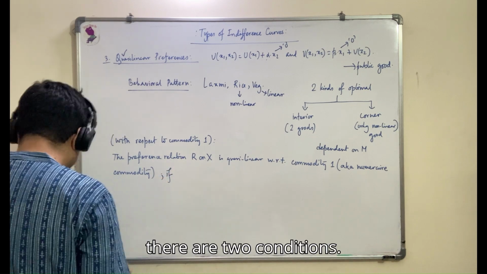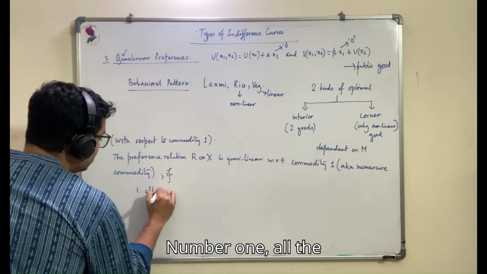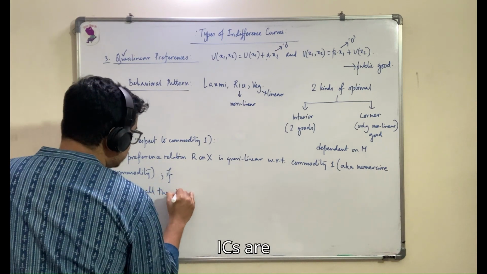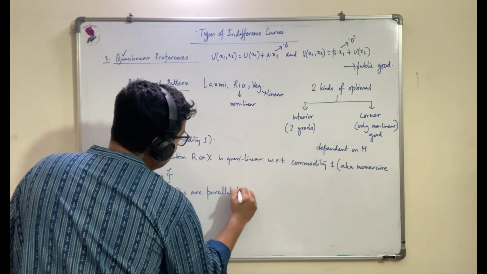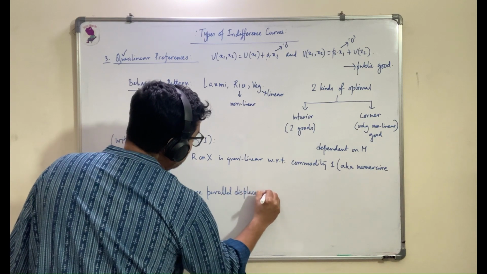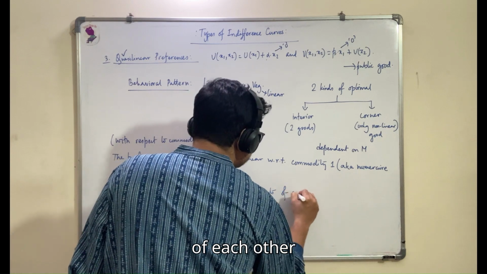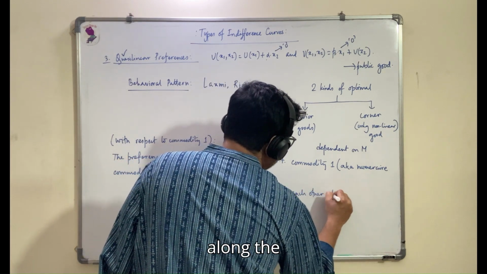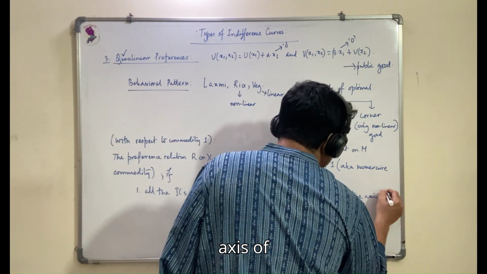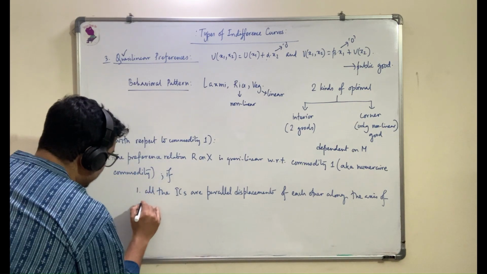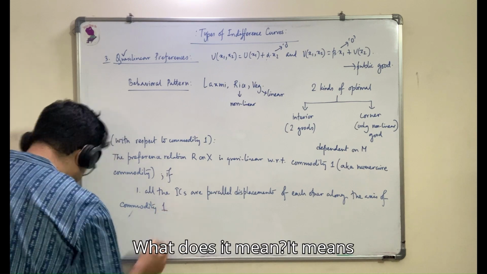If there are two conditions. Number one, all the ICs are parallel displacements of each other along the axis of commodity 1. What does it mean?